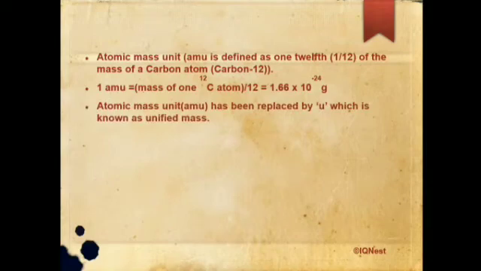And atomic mass unit has been replaced by u, which is known as unified mass. So earlier it was known as atomic mass unit and it was later replaced by a term called unified mass, and it is notated as u.